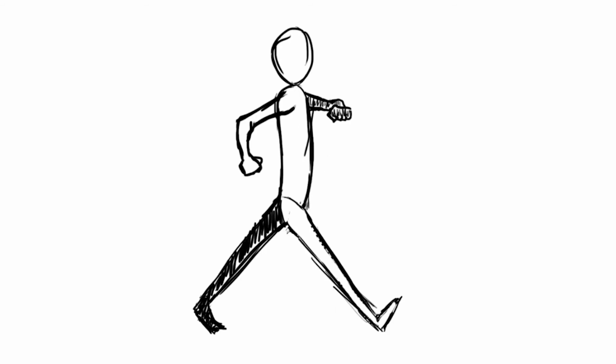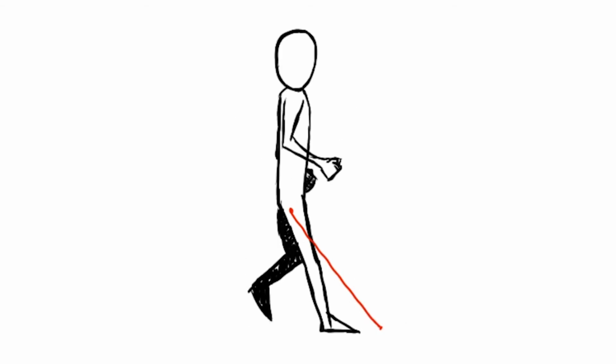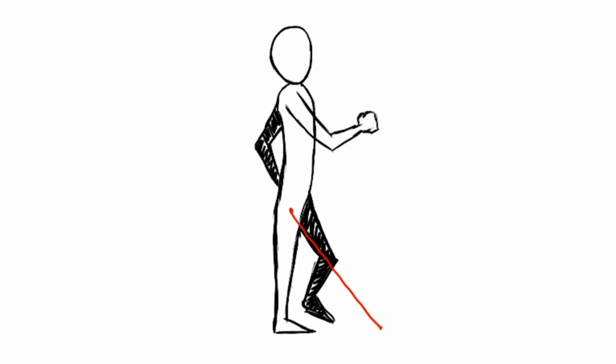So what we're seeing here is if you compare the length of the leg in this long, extra stretched out contact pose to the length of the leg in the passing pose, you will notice that it's actually a fair bit shorter.